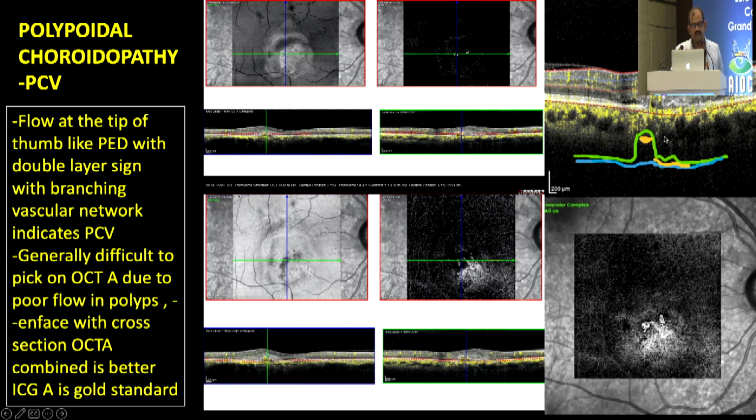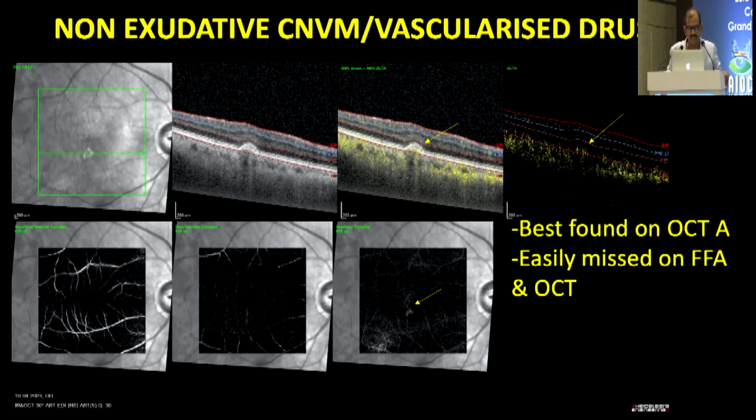It is generally difficult to pick up on OCTA due to poor flow in the polyps. That is why OCT angiography is not the first choice for detecting flow in PCV patients. But if you combine it with cross-sectional images, there are chances that you will be able to detect the features of PCV by which you can make the diagnosis. But still, ICG angiography is the gold standard.